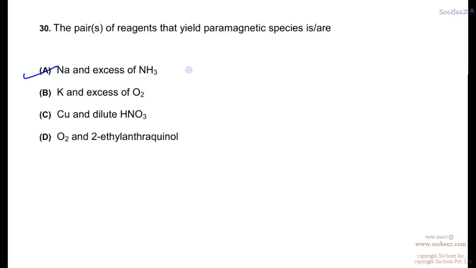Na in excess of NH3 is deep blue in color, because of the solvated electron, like Na plus NH3 gives e negative and NH4 positive. It has a solvated electron, and therefore it shows a deep blue color, and hence this is a paramagnetic species. Therefore, option A is the correct option.